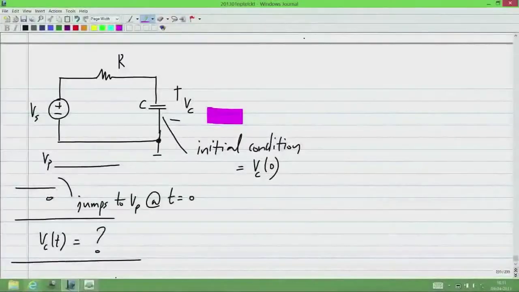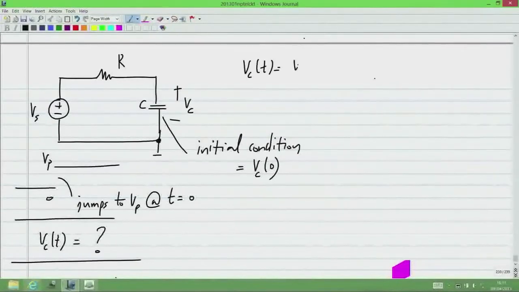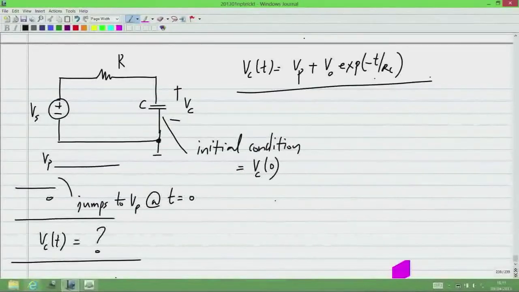So all you have to do is to take the previous expression, that is Vc of t equals Vp plus V0 exponential minus t by RC, and adjust the value of V0 for the appropriate initial condition.